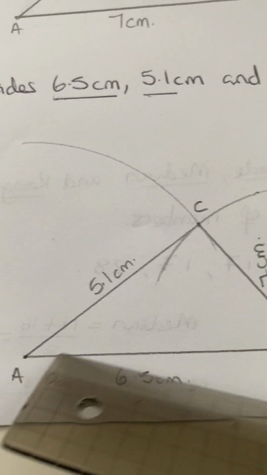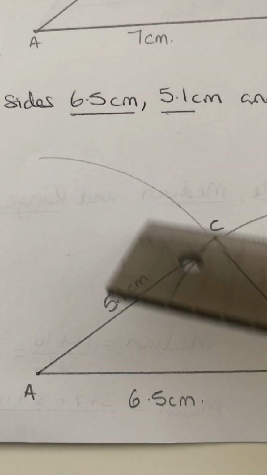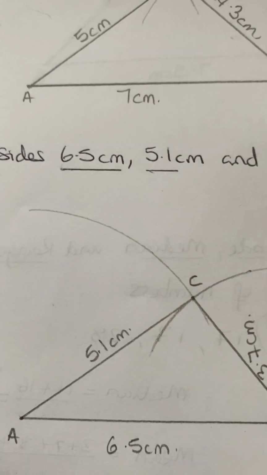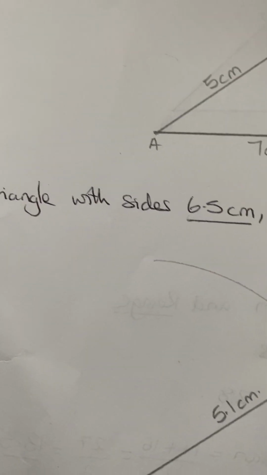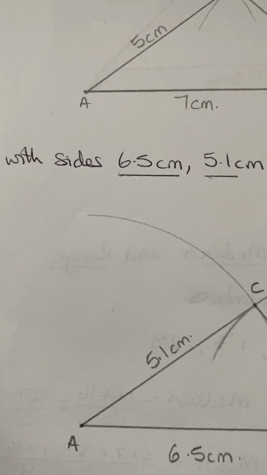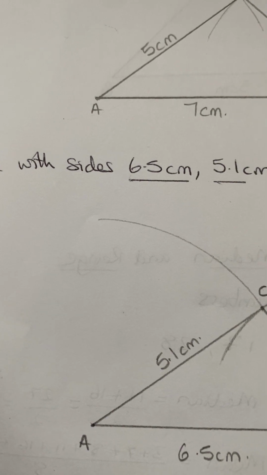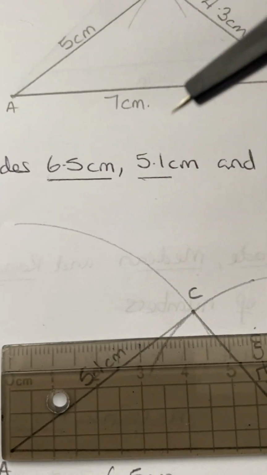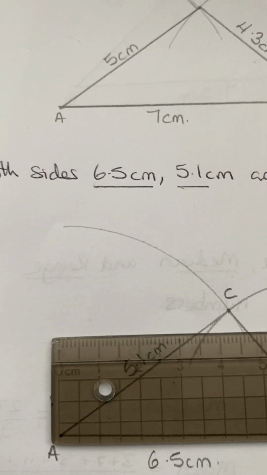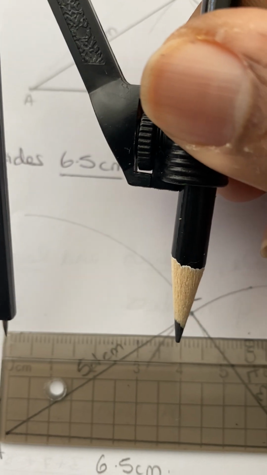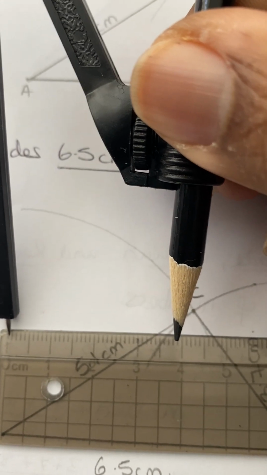I've referenced it A and B. Now I'm going to open my compass to 5.1 centimeters. So 5.1 centimeters, which I did, you open your compass on your ruler, extend it to 5.1 centimeters.